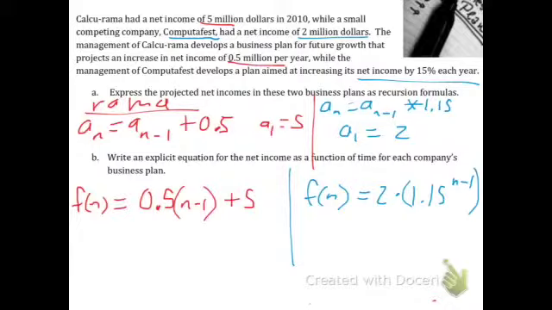Here I'm going to say that 0 is my start, and then after 1 year, that'd be the second term in the sequence, so you'd be plugging in 2 for the first year interest.